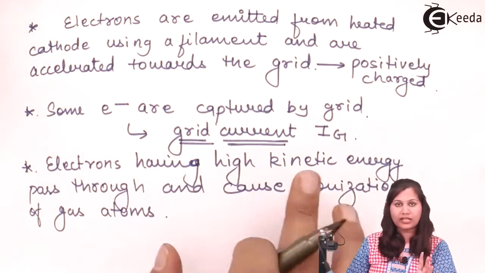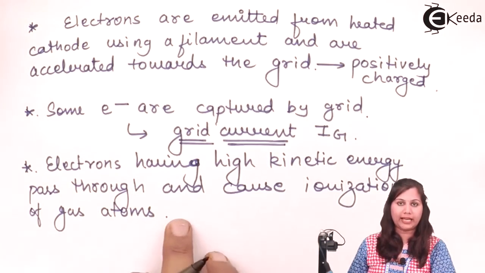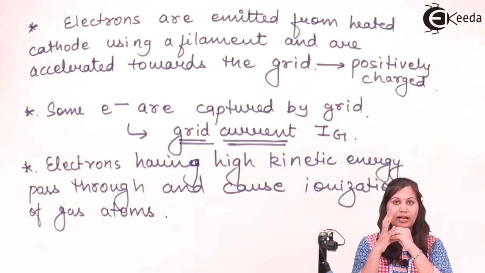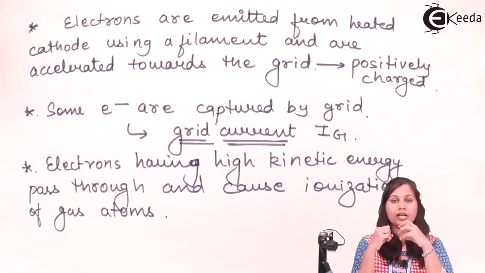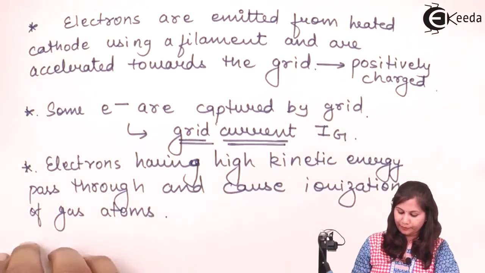Now, the electrons which have high kinetic energy are going to cause the ionization of the gas atoms, because the electrons have very high energy. When those electrons strike the atoms of the gas molecules, ionization will occur and more electrons will be produced.